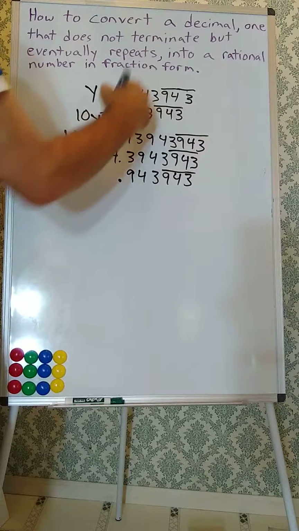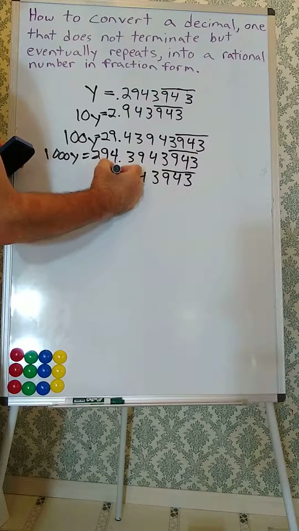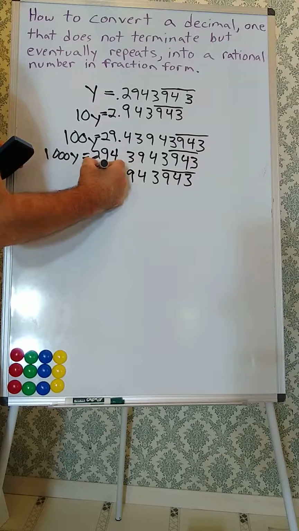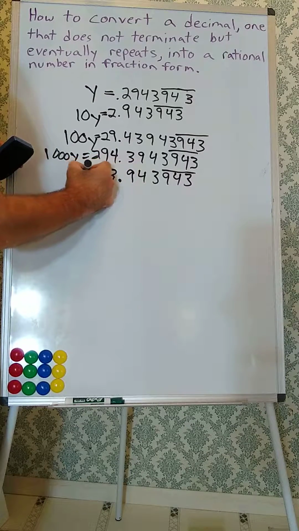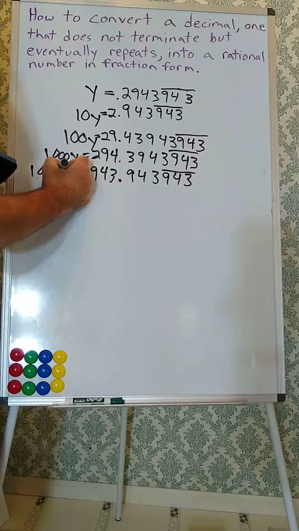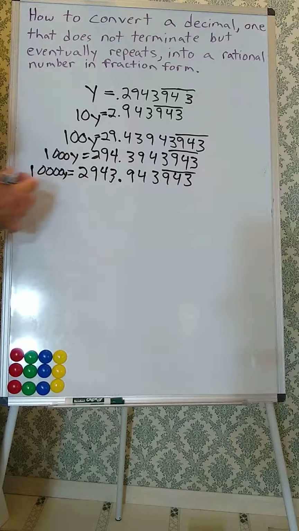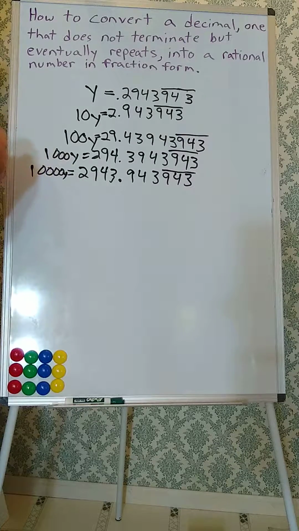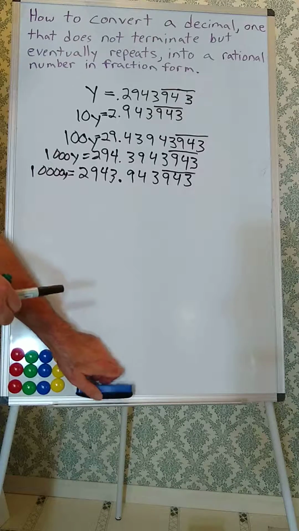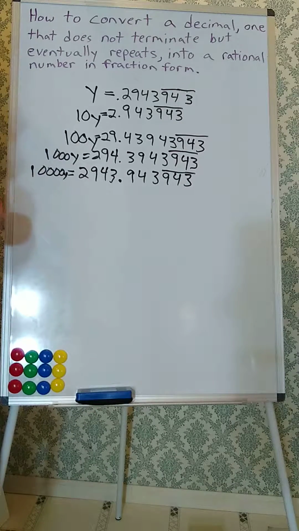So it's going to be 2,943. This is 10,000y.